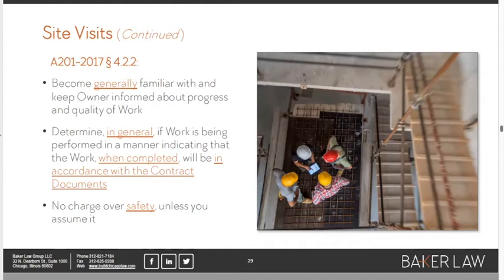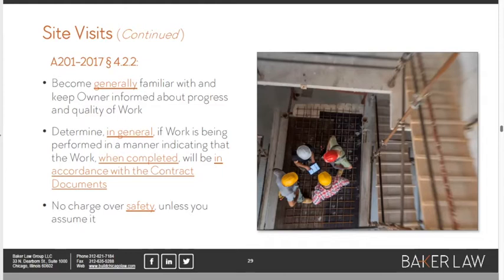They have to become generally familiar, because that's all you can do if you're only occasionally on site, right? And again, that word general is used again because the architect is to determine in general if the work is being performed in the right way. And so all these instances of the word in general and all this loose language around site visits is because the architect is not going to watch every nail being driven.